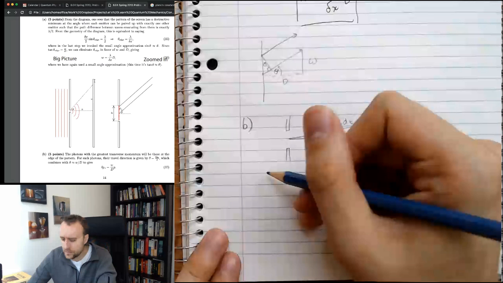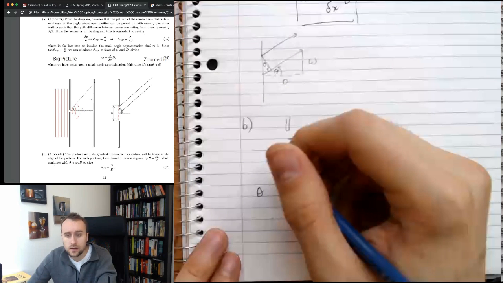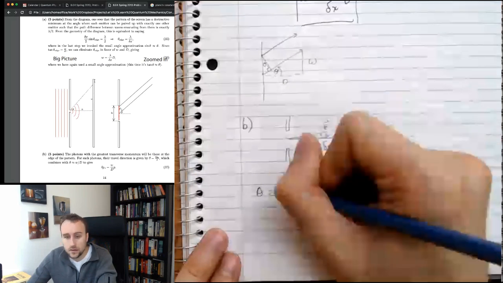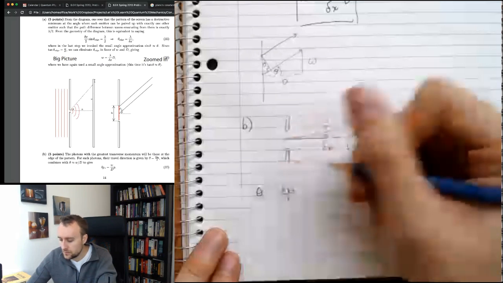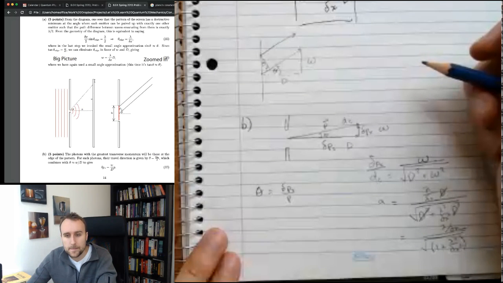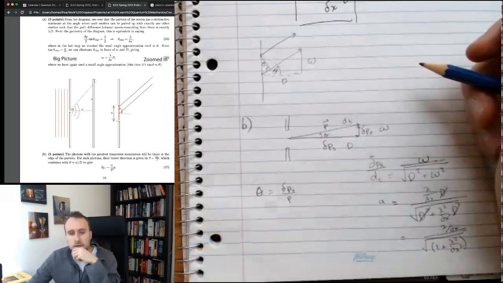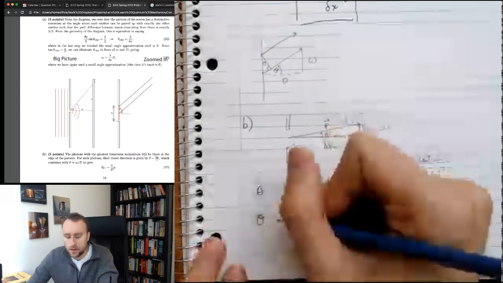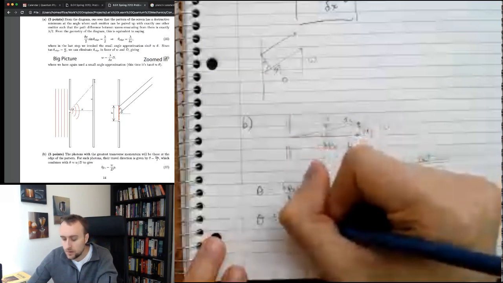So theta is equal to dpx over p, which combines with theta equals approximately w over d to give the result.